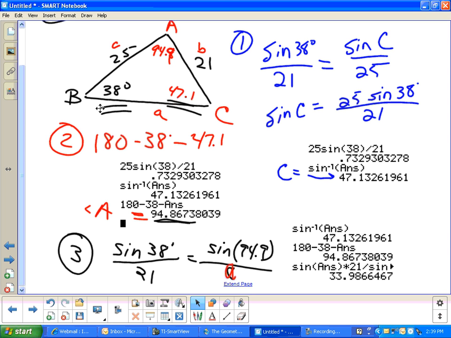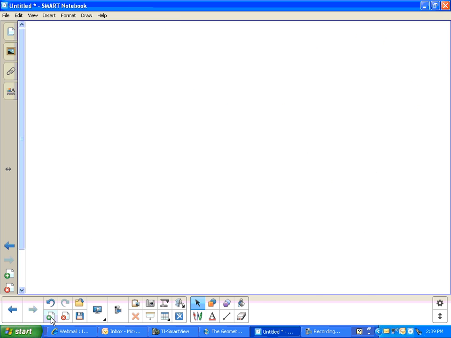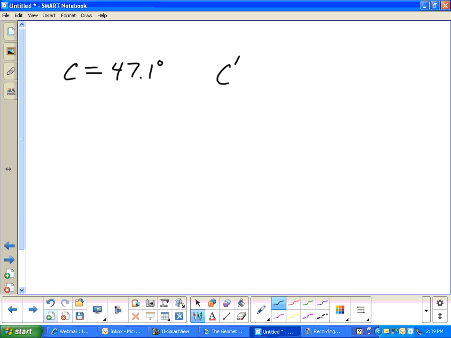Now, the second set of answers, and I won't go through them all, is to take 180 minus your first answer. So the second possibility is that angle C could be 47.1 degrees, or I'll call it C prime. A second case, 180 minus 47.1 is 132.9 degrees.